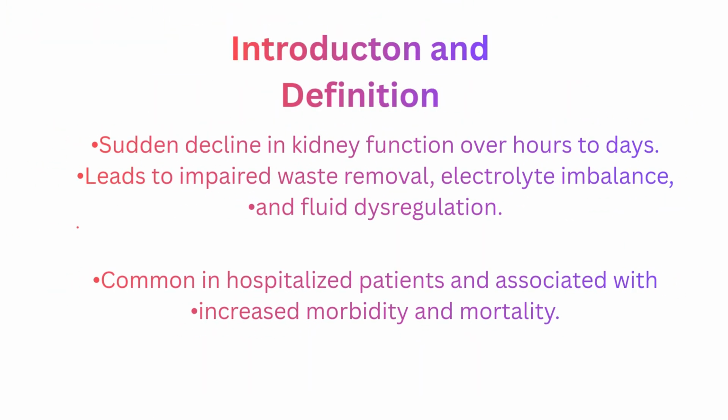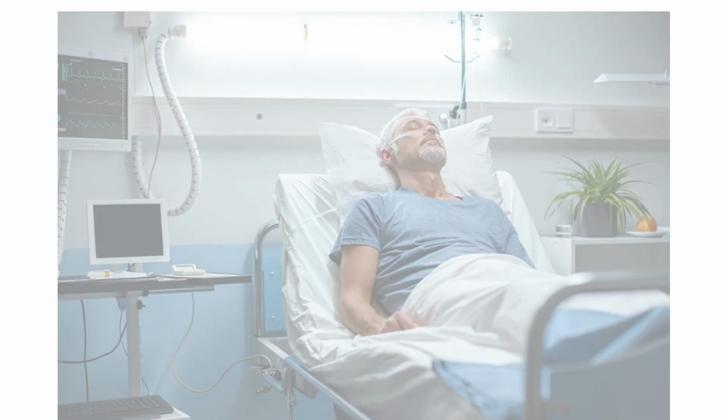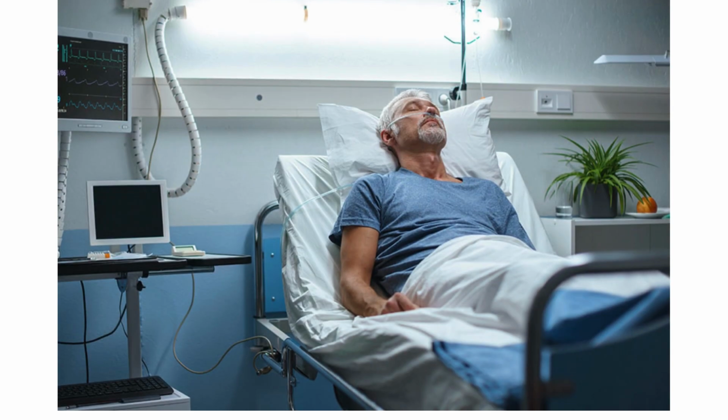So it results in the kidney's inability to adequately filter waste products, regulate electrolytes, and maintain fluid balance. Acute kidney injury is common in hospitalized patients, and it's associated with increased morbidity and mortality, especially when not recognized early.